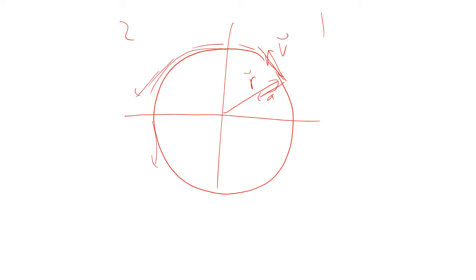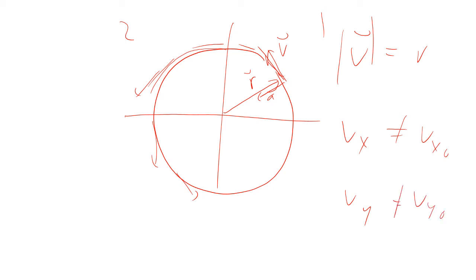So the magnitude of the velocity is constant. It doesn't change. But Vx and Vy are not constant. They do change. And so the acceleration turns out to be constant in magnitude.